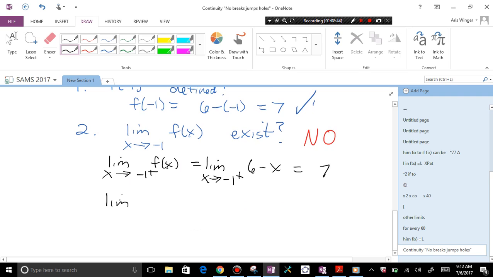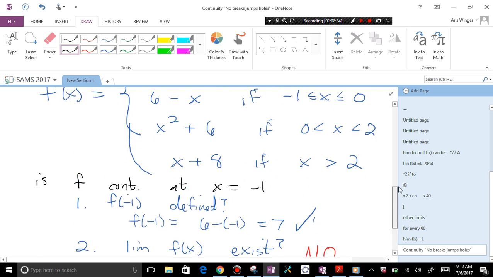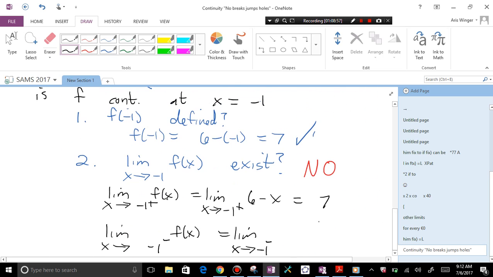The limit as x tends to -1 from the left of f of x is equal to the limit as x tends to -1 from the left of, from the left we called it 4 plus x. Plugging in -1, that's 3.